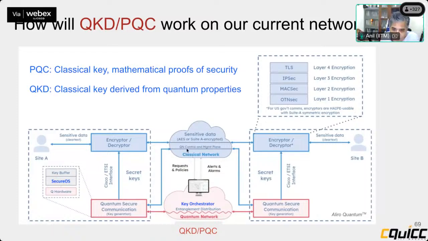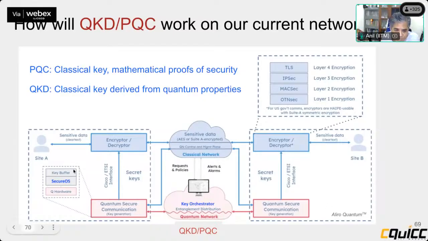So the quantum key distribution also uses the classical network. There is a quantum network control and management plane that is also working in the classical network. So where does SDN fit into this? SDN can control all of this. It can also work a little bit on the key orchestrator. Each of the secure nodes in that other diagram I had could have a key orchestrator which is SDN controlled, and then the SDN will say, okay, I want a key set up between party A and party B, or site A and site B, and then it goes in and does this.